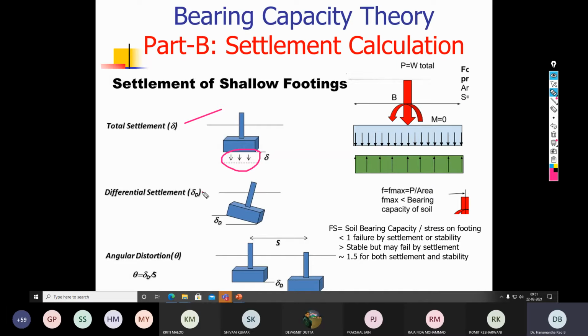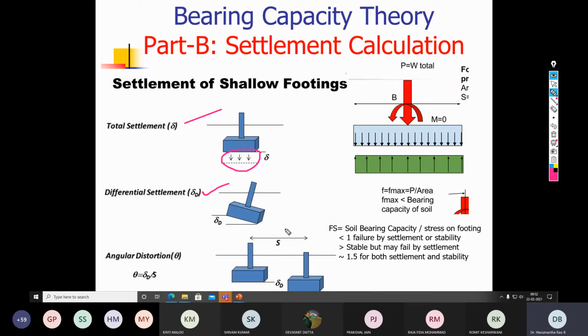Next is differential settlement, where there is a difference in the intensity of the settlement at both edges or between two footings. If that differential settlement exceeds some value, there is an inherent danger to the footing.